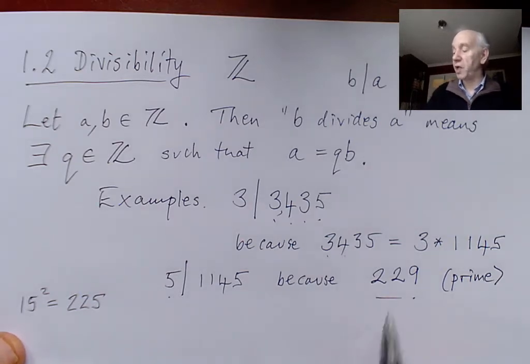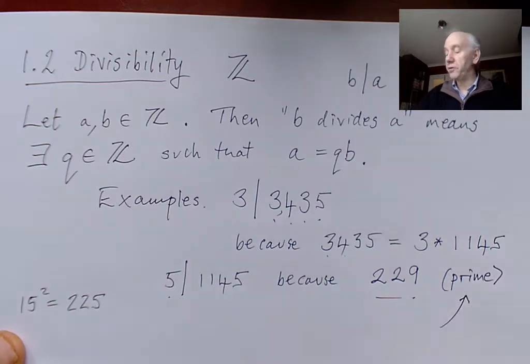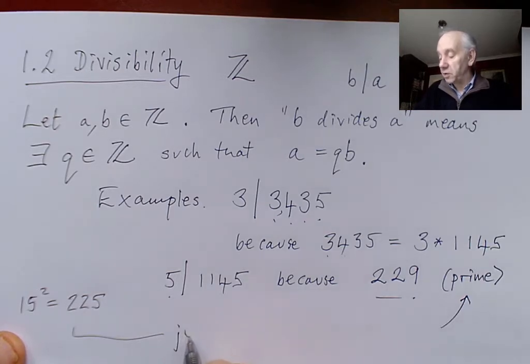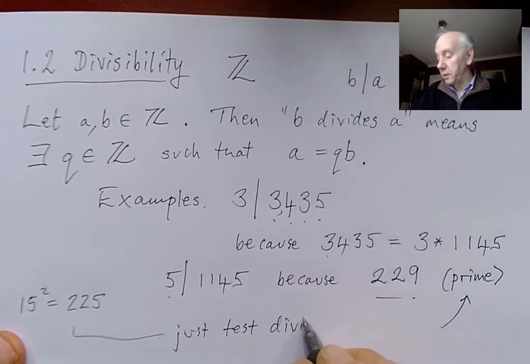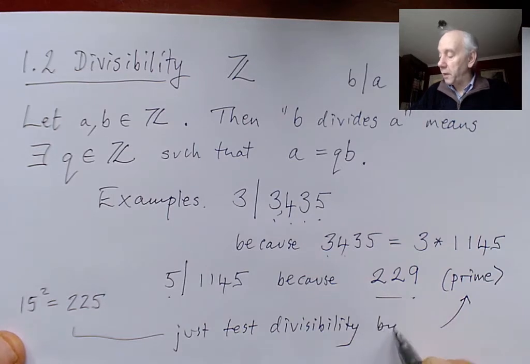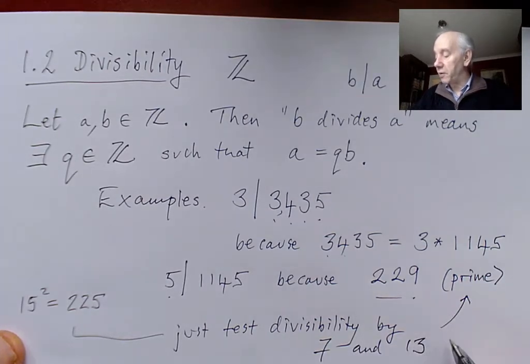So we really just have to check that this is not divisible by 7 and it's not divisible by 13, and you can do that immediately. So this is essentially prime because we just have to test divisibility by 7 and 13, and that fails. So this must be a prime number.